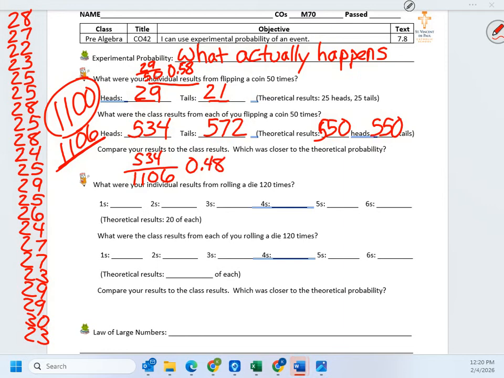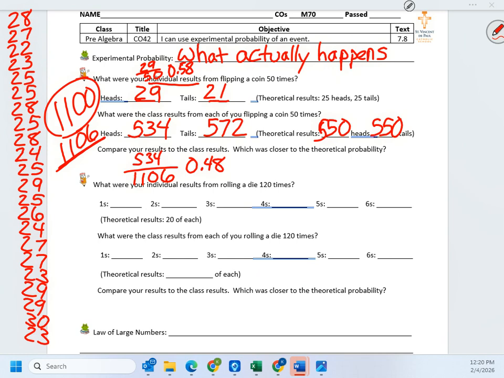And theoretically, it should have been 50%, right? 50% chance of getting heads, 50% chance of tails. Which one is closer to 50%? 48% or 58%? 48. The 48.